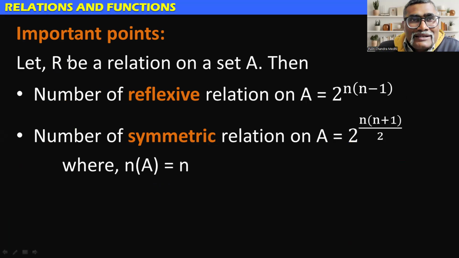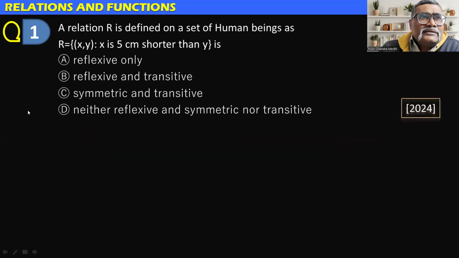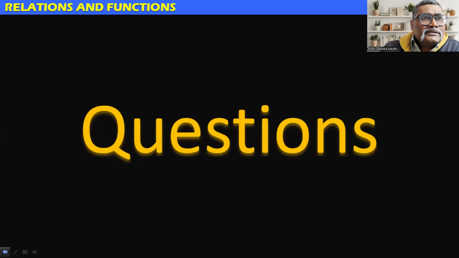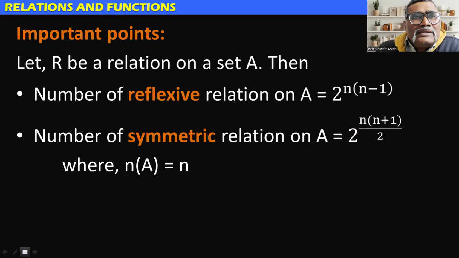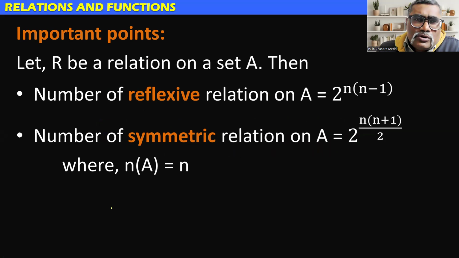These are very important points. These are not basically there in the textbook of CBSE, but even then, there may be miscellaneous multiple choice questions for this. So if you can remember it, it will be good for you as well.